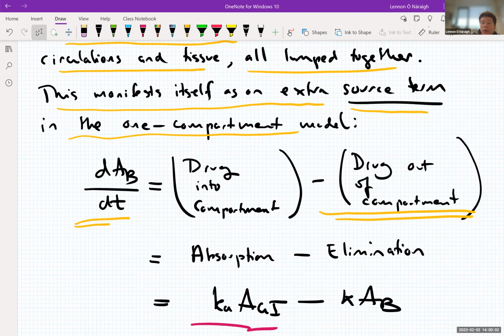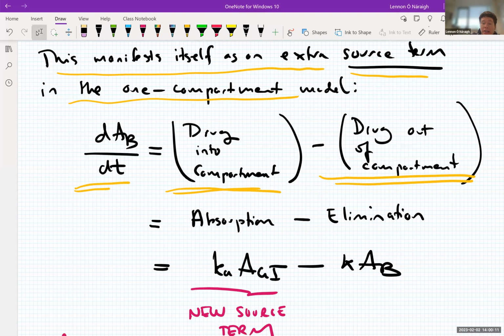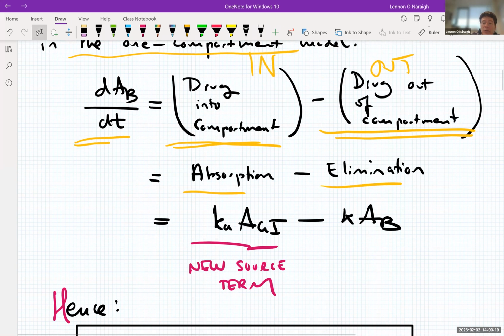But now we also have drug entering the central compartment from the GI tract. So in other words, it's in minus out, conservation, or absorption minus elimination. The absorption, what's coming in from the GI tract, is Ka times AGI. And the elimination is what we had before, K AB. So this is the new source term.